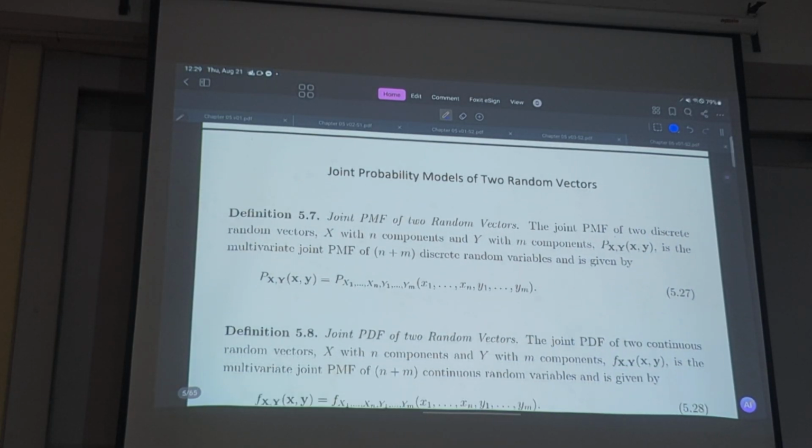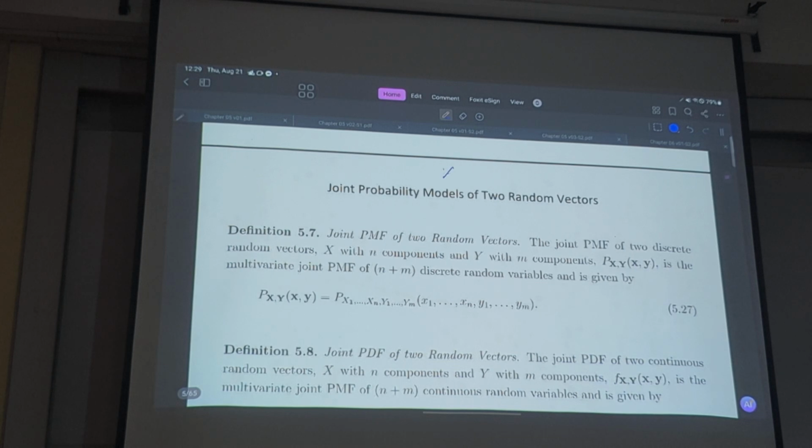Now, if you have two random vectors X and Y, what will be the joint PMF of X and Y? It's simple. We understand that this X is a vector, right? How many components are there?